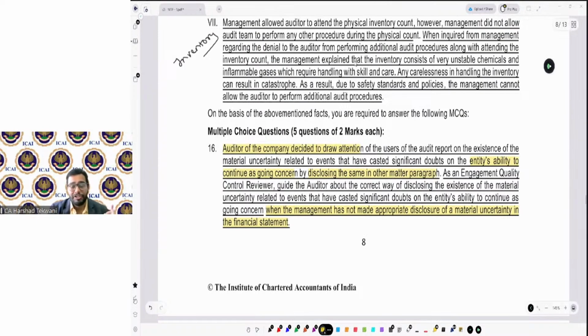How will you enumerate those events in your audit report? Inquiring with the management is the audit procedure. I'm talking more about the reporting side. How will you report the same in your audit report?